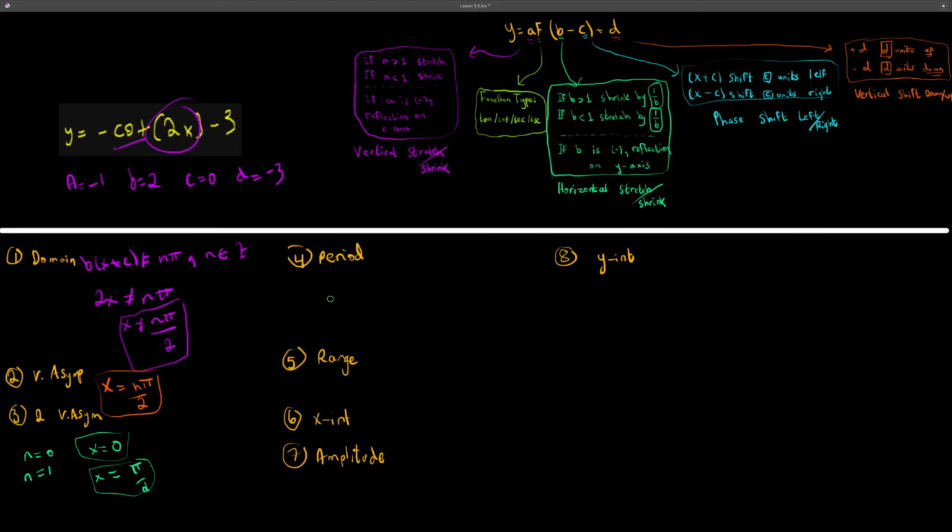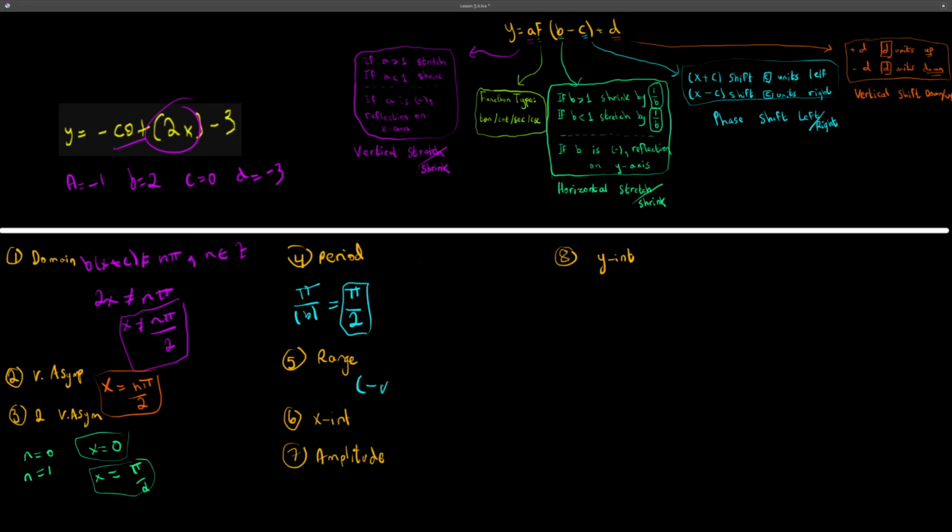Period. So the period of cotangent is going to be pi, just like the period of tangent. So knowing this, then it's going to be pi over b, which is equal to pi over 2. And that is the answer. One period is pi over 2. Now the range for tangent and cotangent is all real numbers.